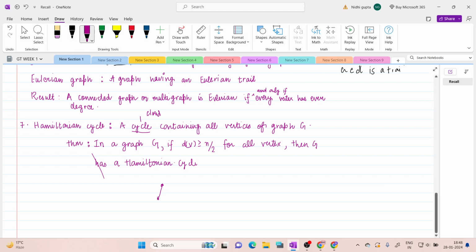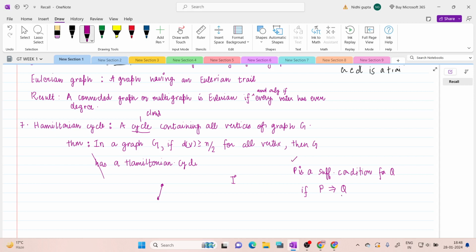Okay. By sufficient condition we mean that P is a sufficient condition for Q if P implies Q. That is, if P is true, then Q is true.